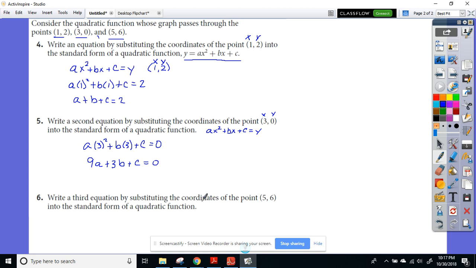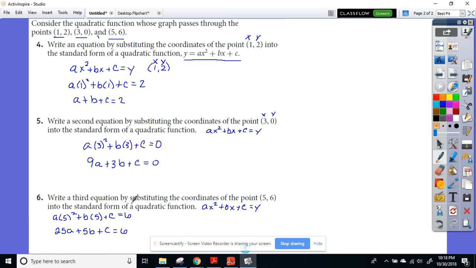Down here on this last one, we're going to do ax squared plus bx plus c equals y. We get a times 5 squared plus b times 5 plus c equals 6. This becomes 25a plus 5b plus c equals 6.